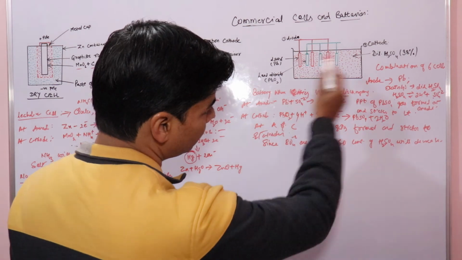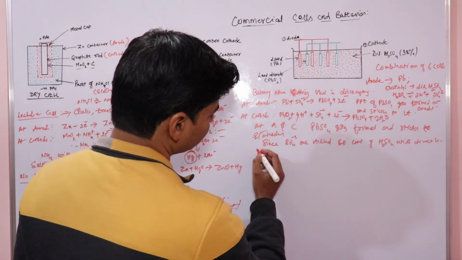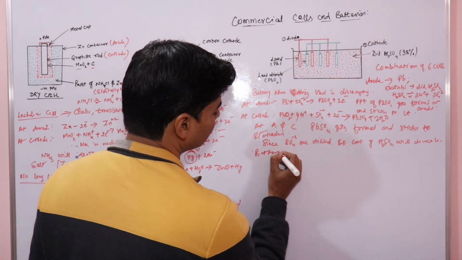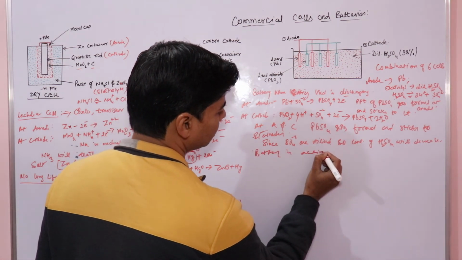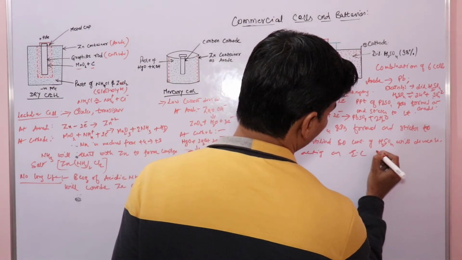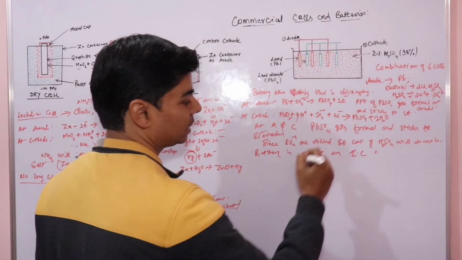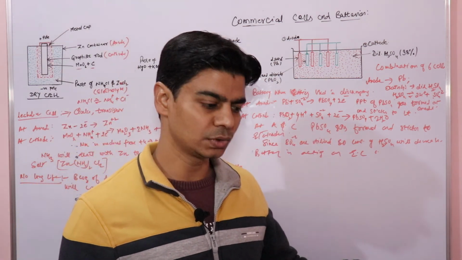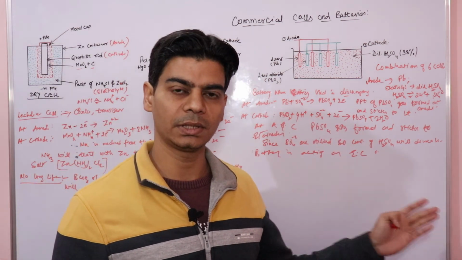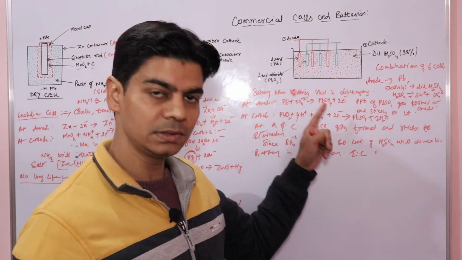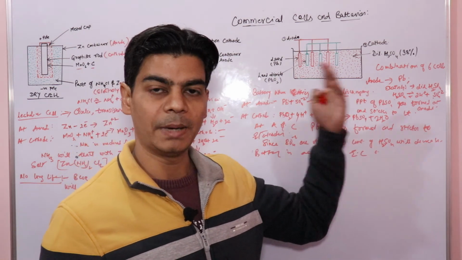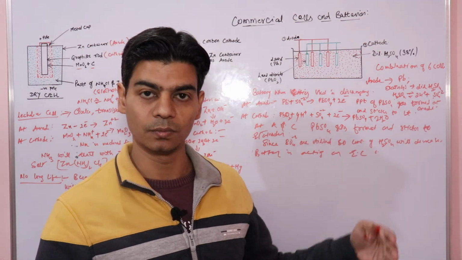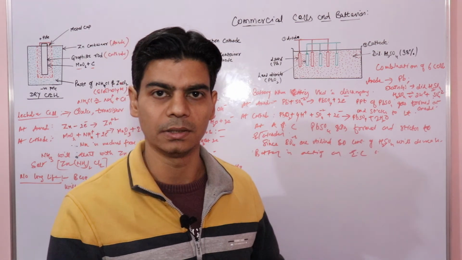Now here in this reaction, this battery is acting as an electrochemical cell, since due to these reactions it's producing electric current, and due to this electric current, the batteries in the cars and the batteries in the inverters are working and producing electricity, right.